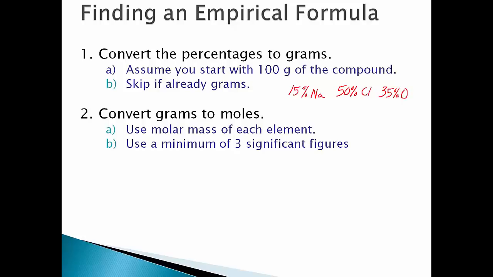This doesn't exist, I just made these up. What would I do? Well, if I had a 100-gram sample, you would say, oh, 15 grams is sodium, 50 grams is chlorine, and 35 grams is oxygen. So you just change the percentage sign to a gram, but this is the reason you can do that. If you already are given grams, you don't have to worry about that.